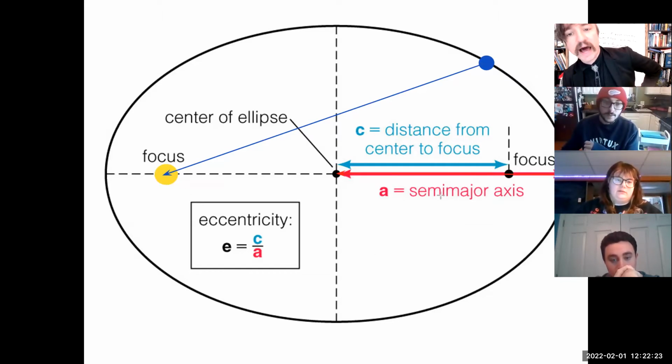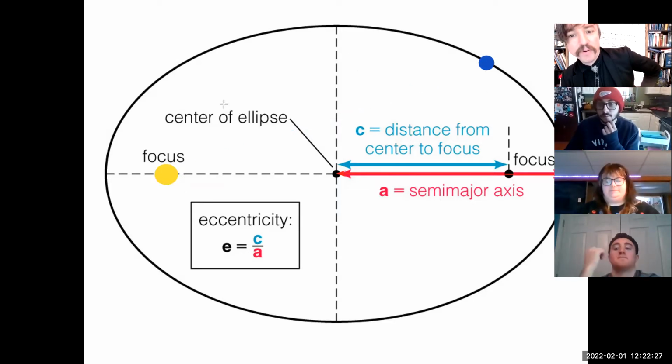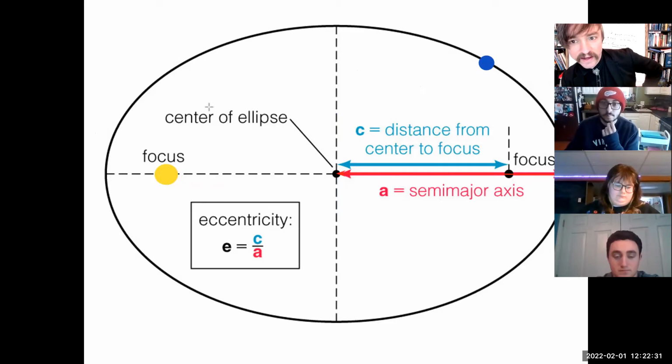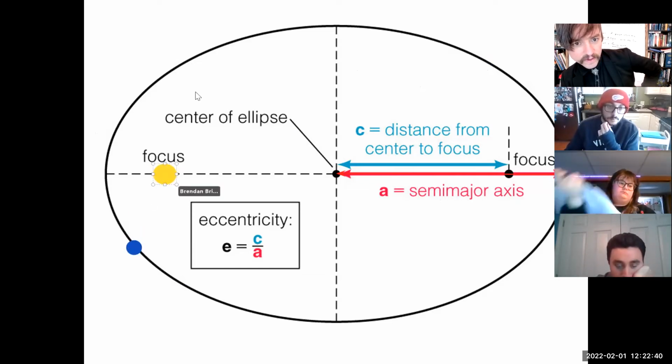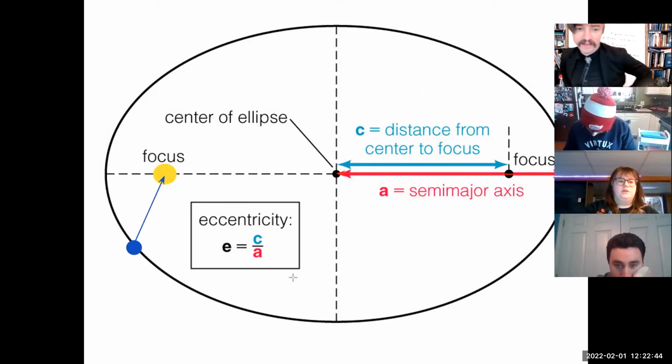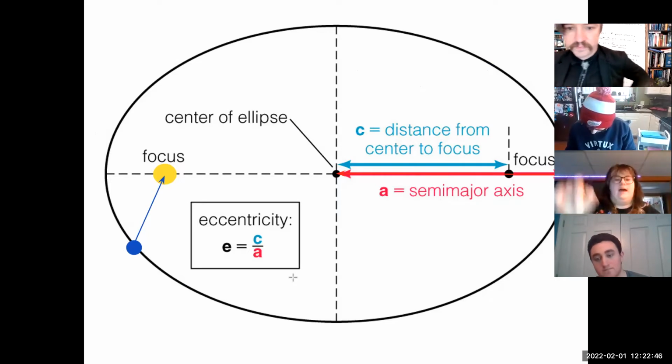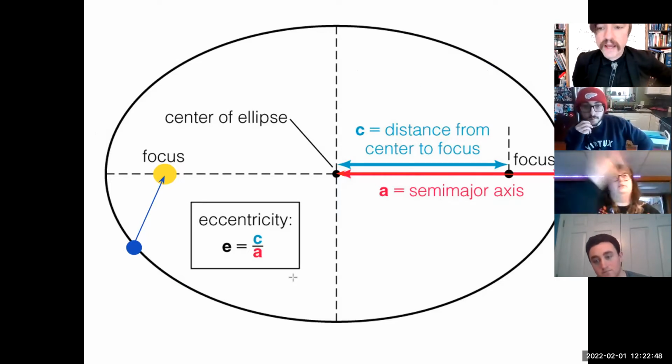But I just happened to draw this line. My point is there's a bunch of different lines. The planet could also be over here, right? I just picked one possible position for the planet to be, so it can be anywhere on the line of the ellipse.